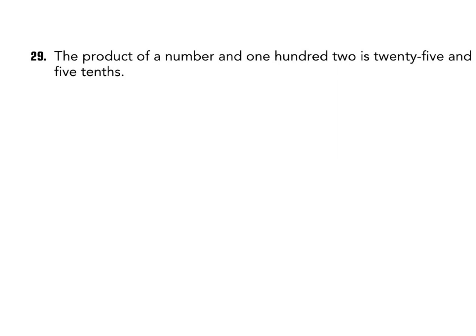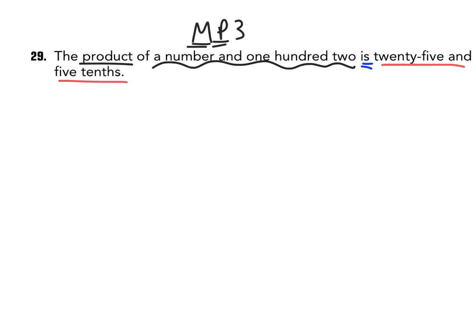Look at number 29. We have a product of a number and 102 is 25 and 5/10. So the word product means multiply. You might have heard me say before MP3, like an MP3 player, multiply product.